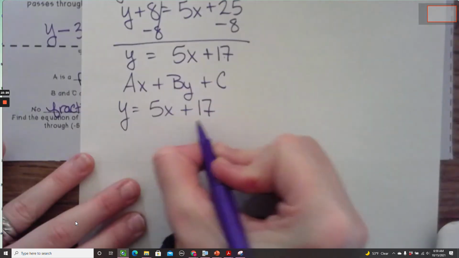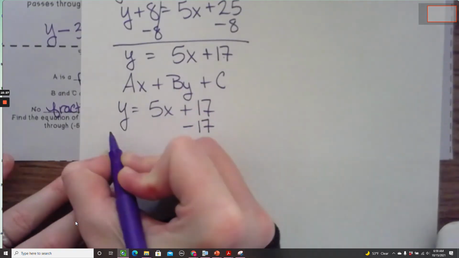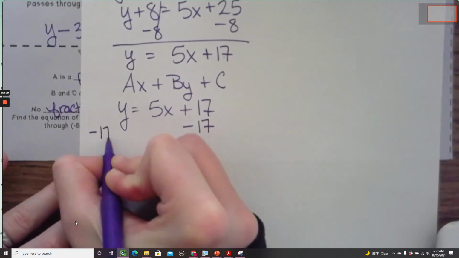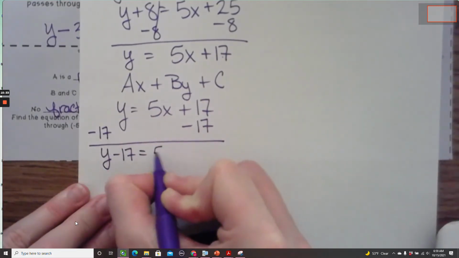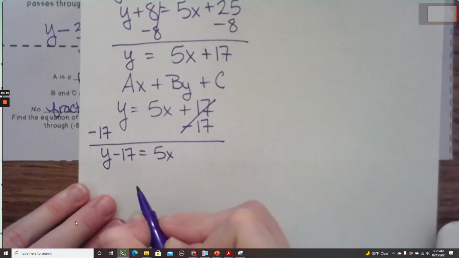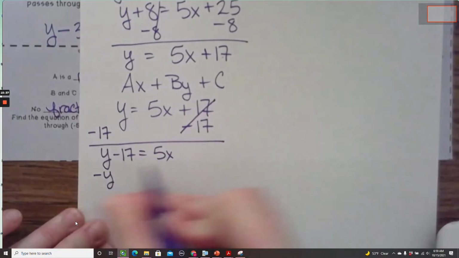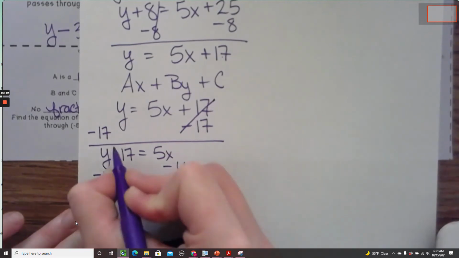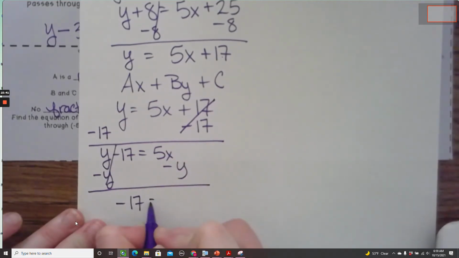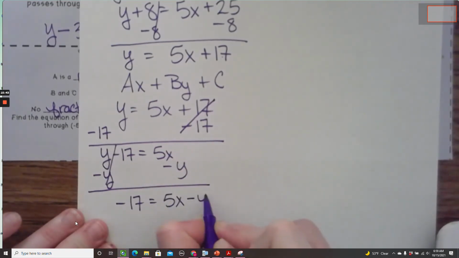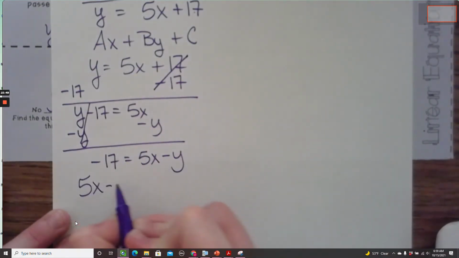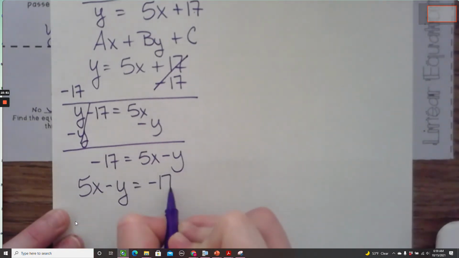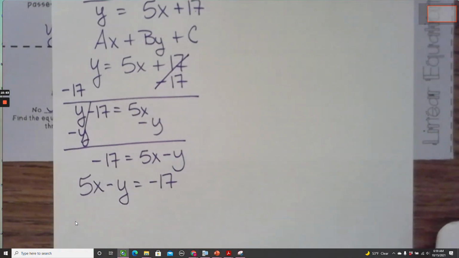So we're going to subtract 17 from both sides. So I have y minus 17 equals 5x. This cancels. Then I'm going to subtract y from both sides. These cancel. So that is my equation, but I just need to flip it. Just like when we did inequalities, you can flip the whole thing without having to change signs.